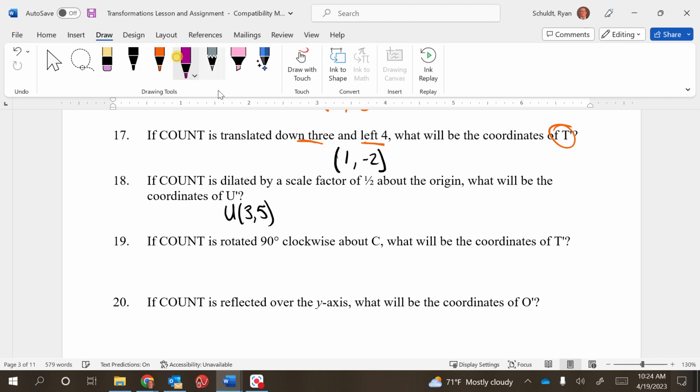We're dilating by a scale factor of 1/2. So for U prime, we have to do 3 times 1/2 and 5 times 1/2, which gives the new U prime, 3 halves, 5 halves.